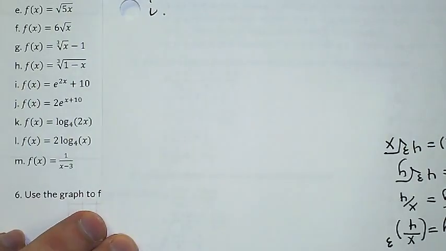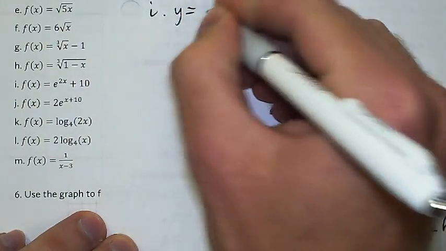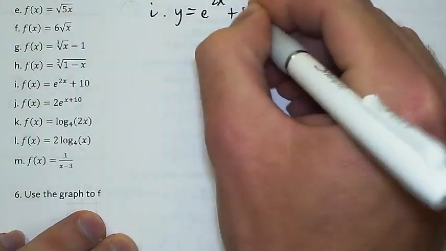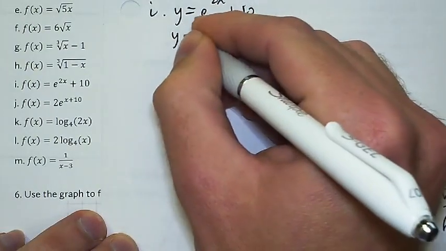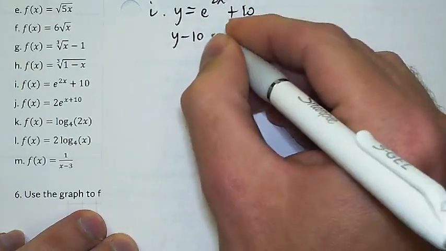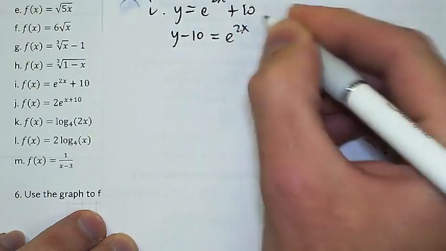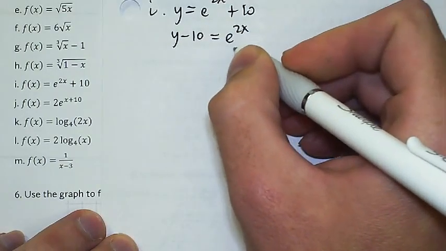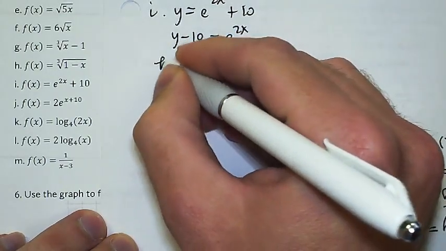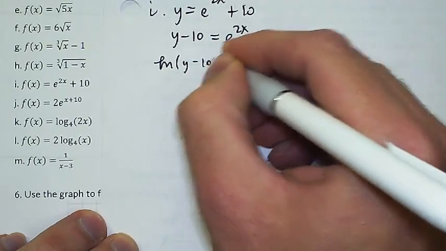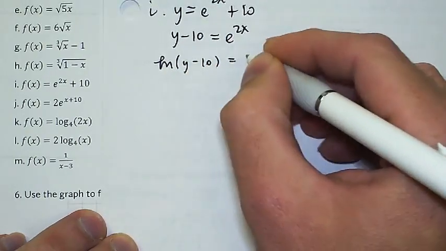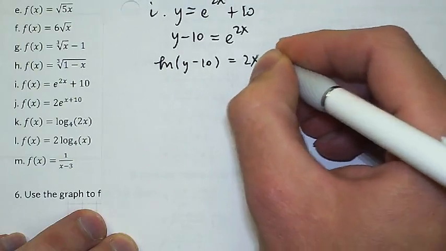For I, got y equals e to the 2x plus 10. So I'm going to start by subtracting 10 from both sides to isolate the exponential. I'm trying to get rid of e to the 2x. I need to take a natural log of both sides. So that will leave me with just 2x over here.